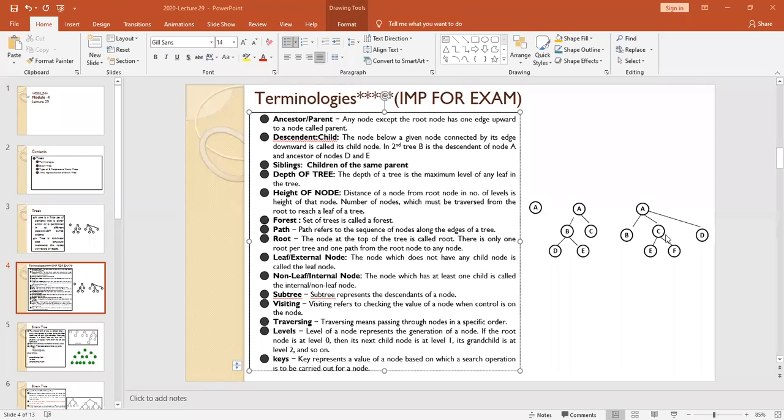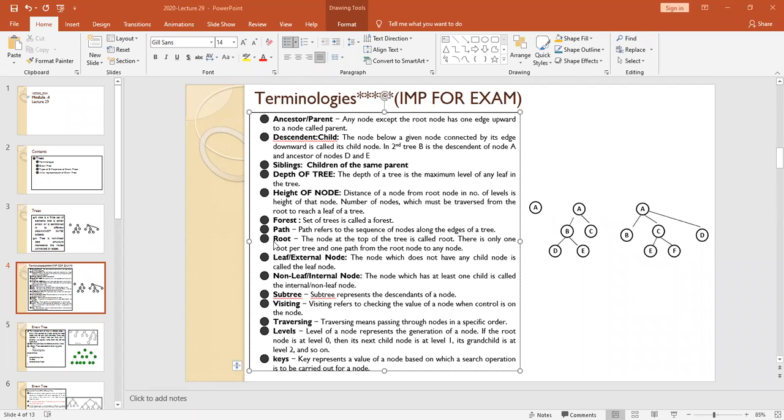It is A to C and C to F. What is the path from A to E? It is A to C and C to E. That is the path.